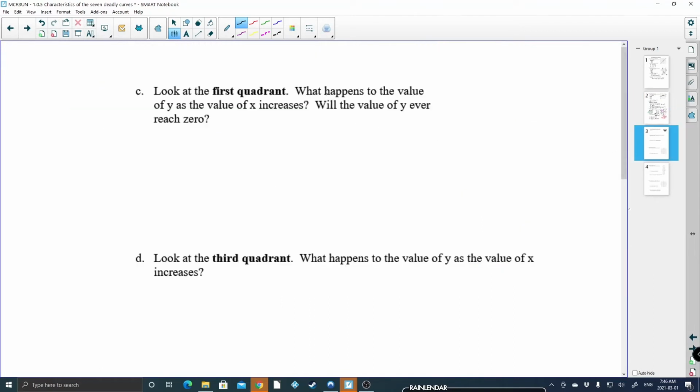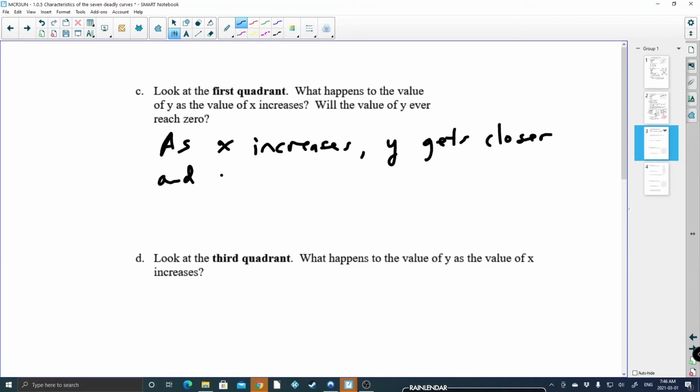So it says, look at the first quadrant. What happens to the value of y as the value of x increases? Will the value of y ever reach 0? And we've already talked about that. So as x increases, y gets closer and closer to 0, but doesn't reach it.